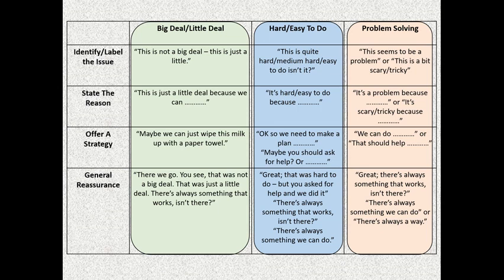State the reason. For example, this is just a little deal because we can, or then list options to solve the problem. Offer a strategy. For example, okay, so we need to make a plan, or you can ask for help. And finally, offer general reassurance. For example, that was hard to do, but you managed. There's always something that we can do.